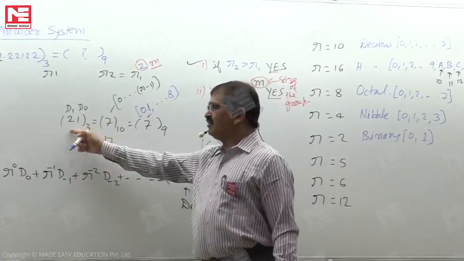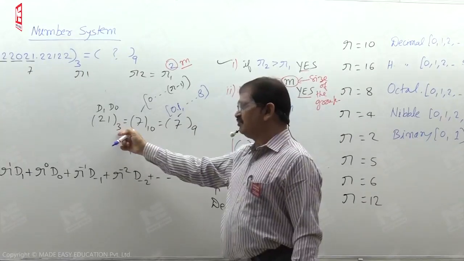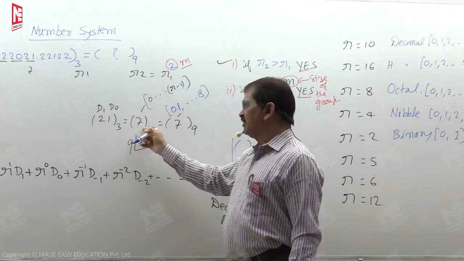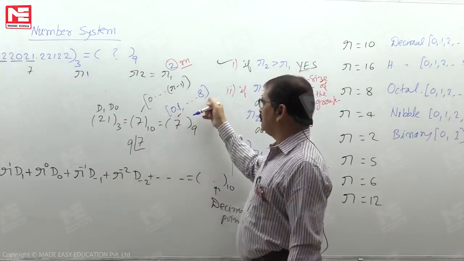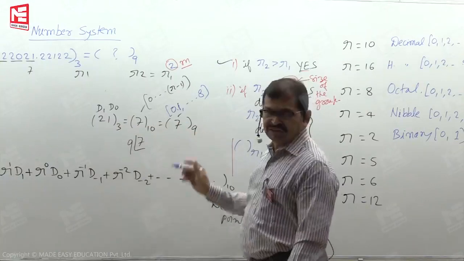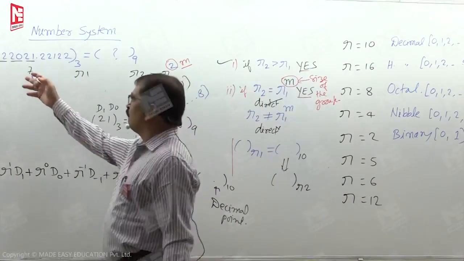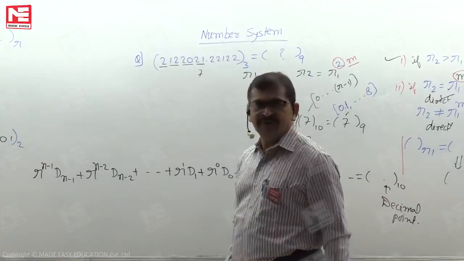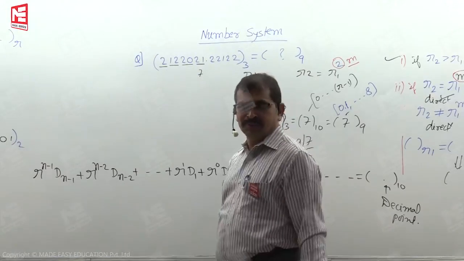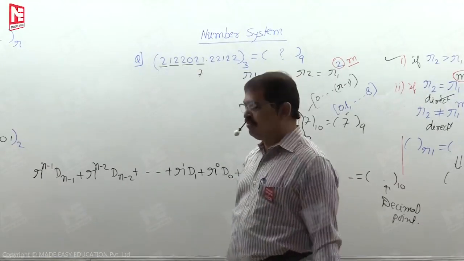So when we are converting a number with a radix other than decimal to its equivalent decimal, if this result is 0 to r minus 1, in this example 0 to 8, it is straightforwardly the radix 9 number. If you know these things, you will spend less time giving the answers. So time management is very important, as I said some time back.